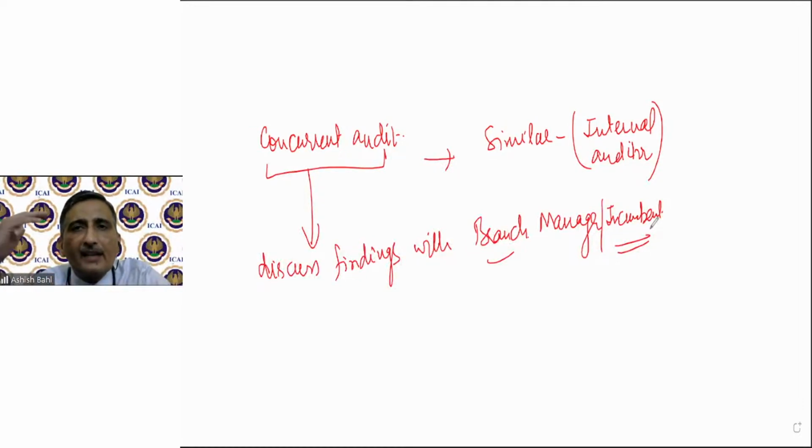This system was not there about 25, 30 years ago. The concurrent auditor has to discuss the findings with the branch manager. Now, what is the significance of it?